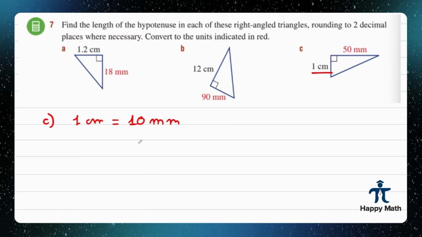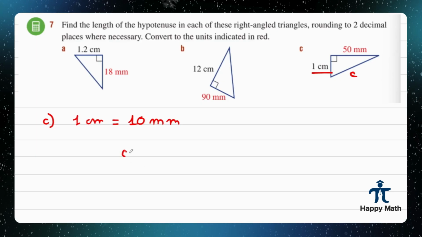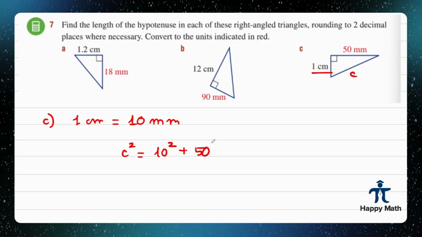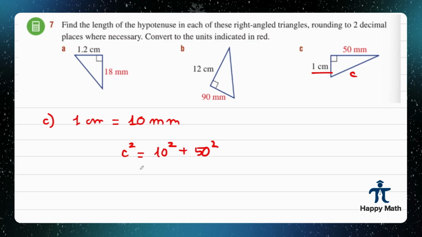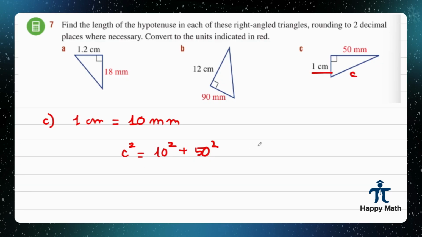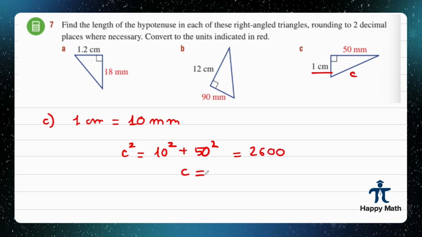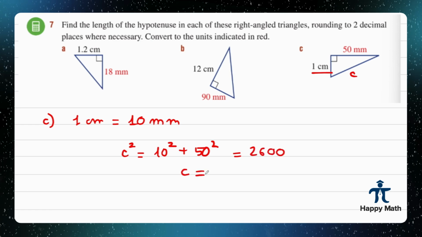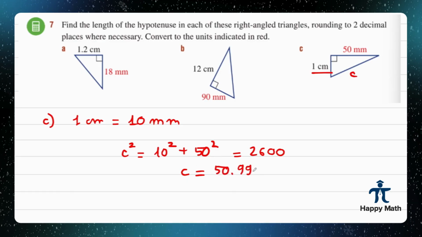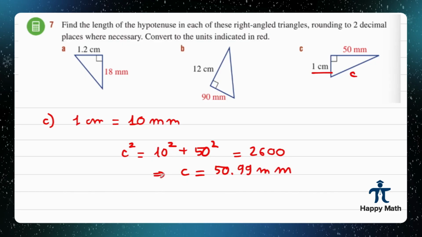So 10 will be this one, and the hypotenuse here will be C. C squared will be 10 squared plus 50 squared, which is 2600, and C will be the square root of 2600. You get 15.99 millimeter. Okay, that is question C.